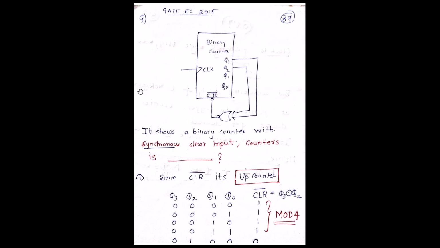since it is a synchronous clear input, by the time my bit travels through this gate, since it is not mentioned that it is an ideal gate, this gate will have a certain delay, and this delay will make the output go out after a particular delay.